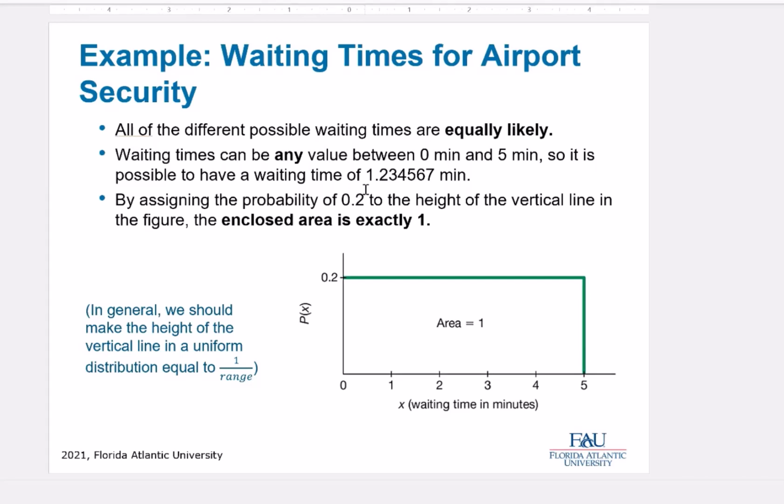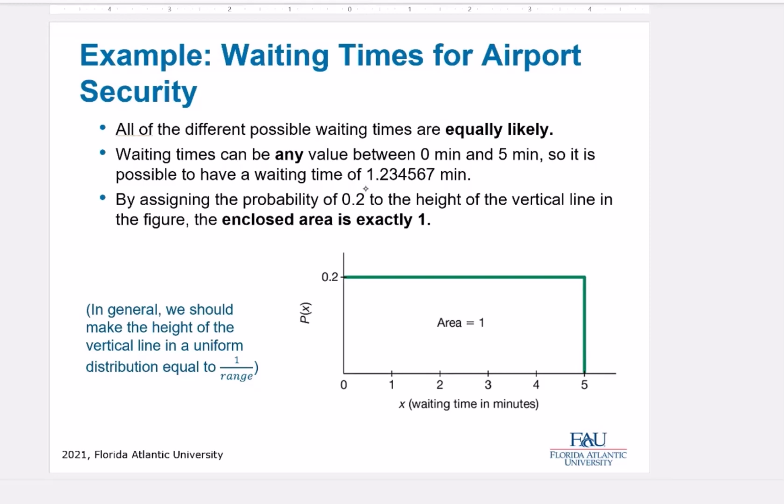By assigning the probability of 0.2 to the height of the vertical line in the figure, the enclosed area is exactly 1. How would we find that? Remember, the area under a curve is equal to the length times width, or you could also say the base times the height, whichever way you like it.